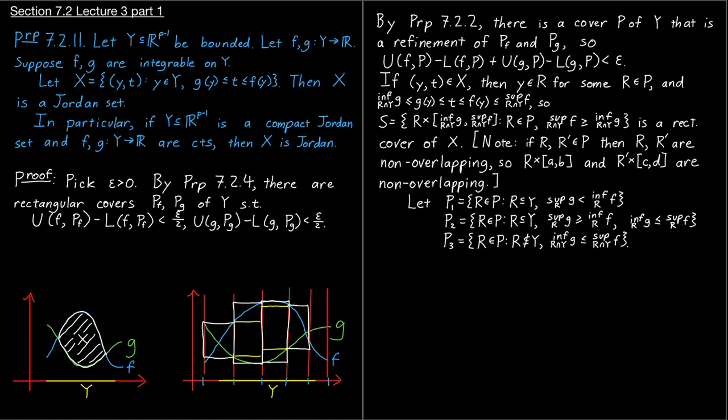but we have got all the rectangles where the supremum of F is bigger than the infimum of G. And also P1, P2, and P3 are disjoint sets.